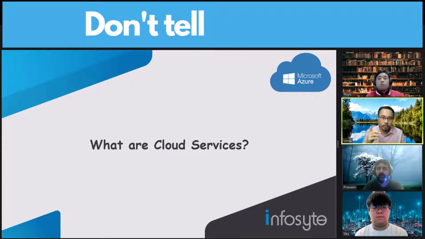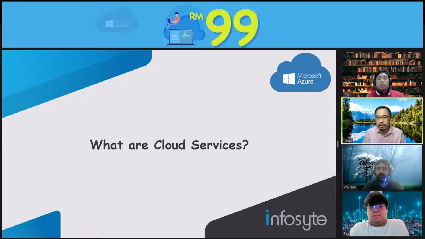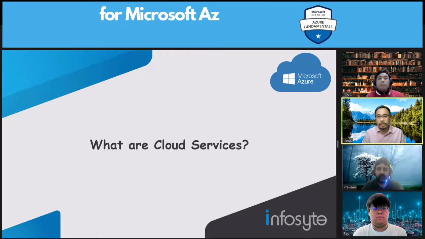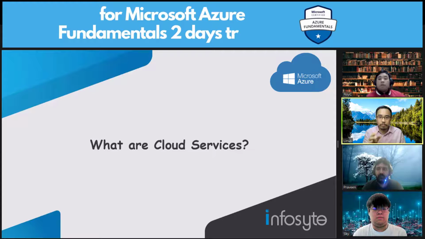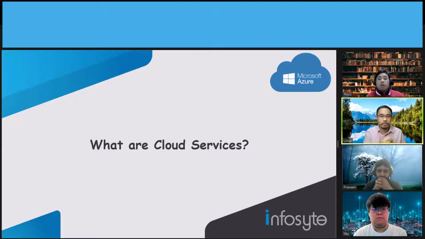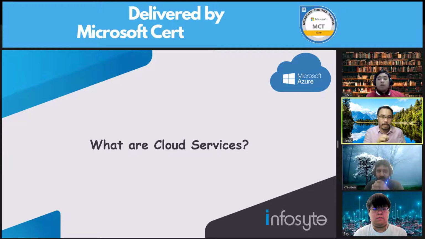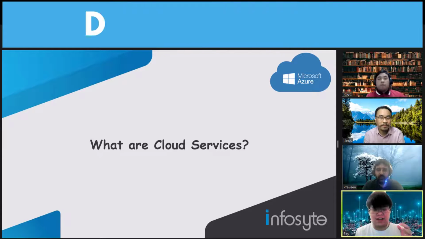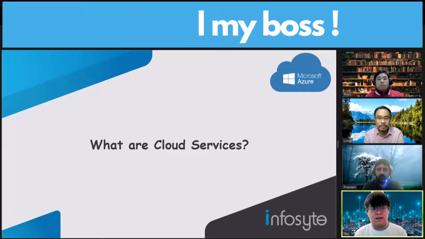The first one is IaaS, also known as Infrastructure as a Service. The second type is Platform as a Service, which is PaaS, and the third one is Software as a Service, which is also known as SaaS. That's a lot of services. Can you elaborate more on them?